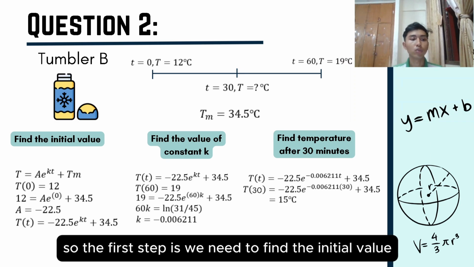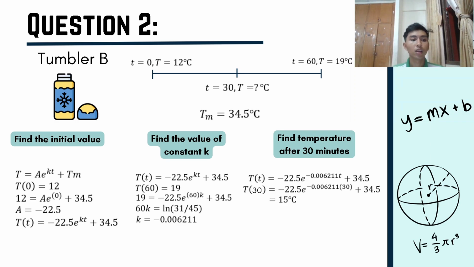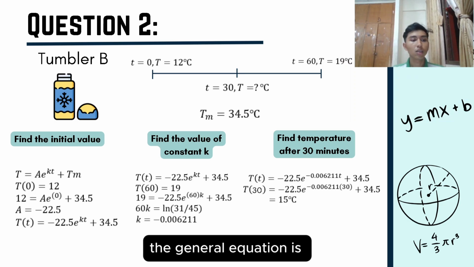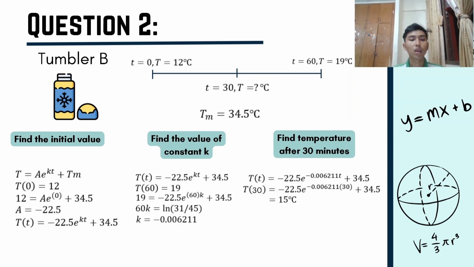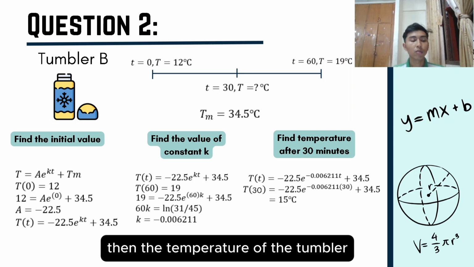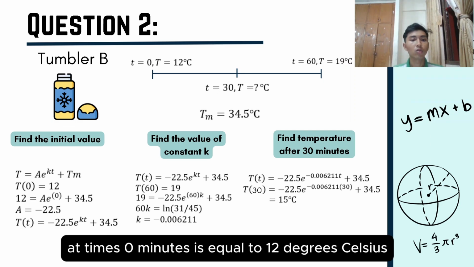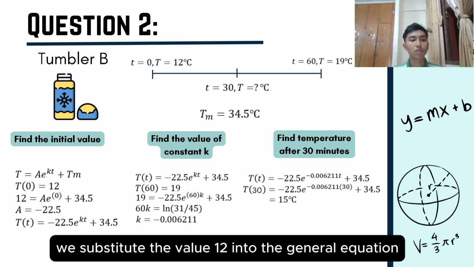So, the first step is we need to find the initial value. The general equation is T equals A times e to the power of kt plus Tm. The temperature of the tumbler at time 0 minutes is equal to 12 degrees Celsius. We substitute the value 12 into the general equation.